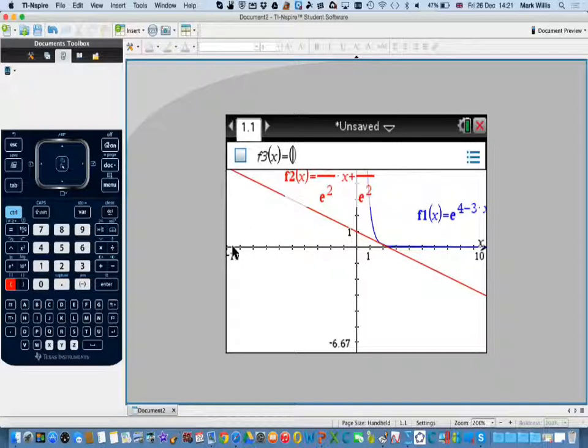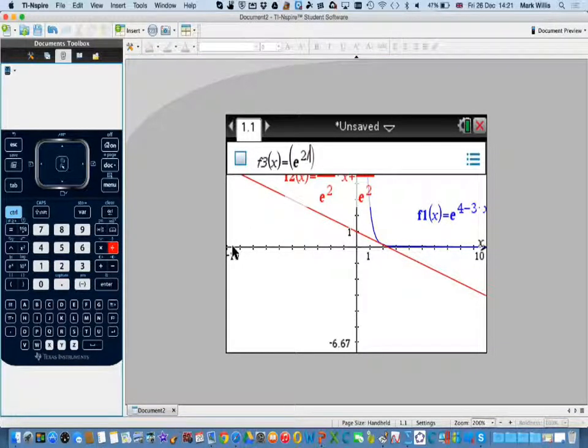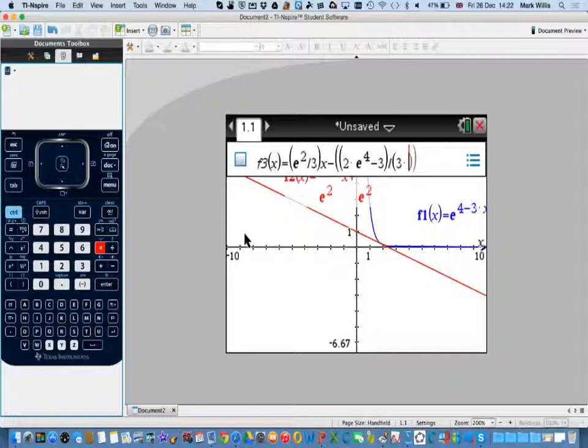So it's e squared divided by 3 times x minus brackets 2 times e to the, not log, let's just go back, 2 times e to the 4 minus 3 divided by brackets 3 times e squared.